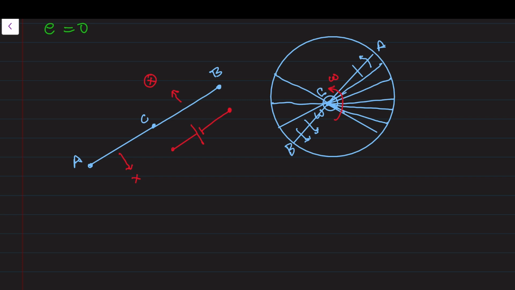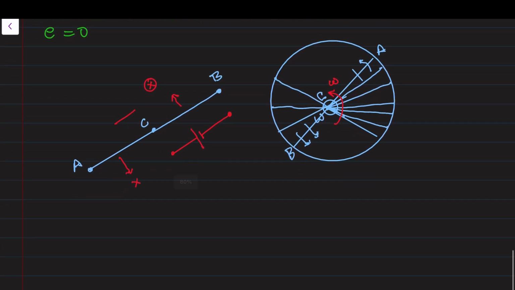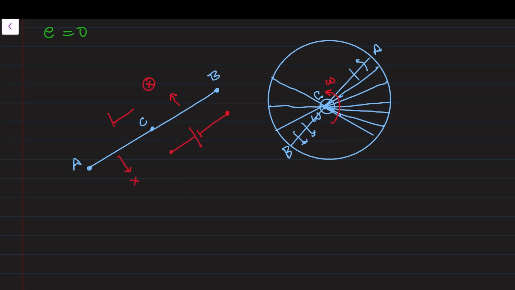So the EMF induced will be this is positive, this is negative, this way. So if I want to draw the diagram from A to B, then I have to draw like this. So EMF induced between any two points on the periphery.